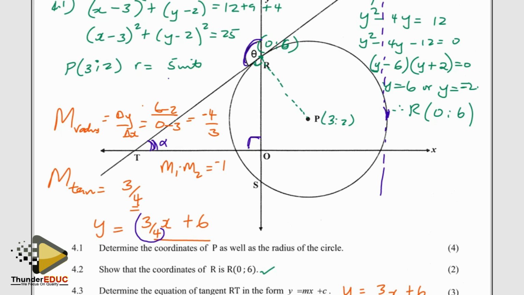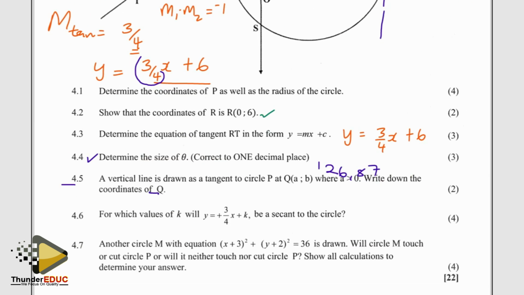So I know that the distance from there up to there is 5 units, since the radius is 5. Now, if the x is 3 here, what is 3 plus 5? It's going to be 8. And then the y will be maintained as 2. So the coordinates there are going to be (8, 2).